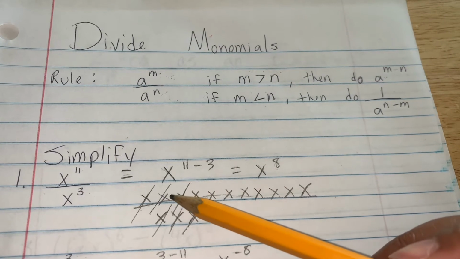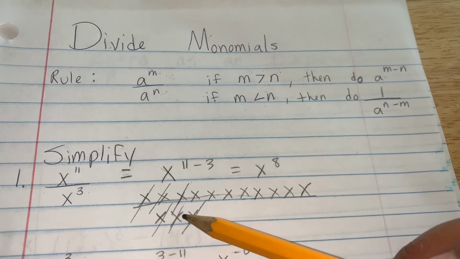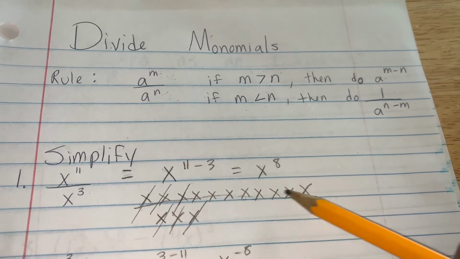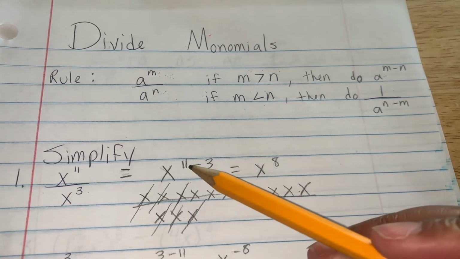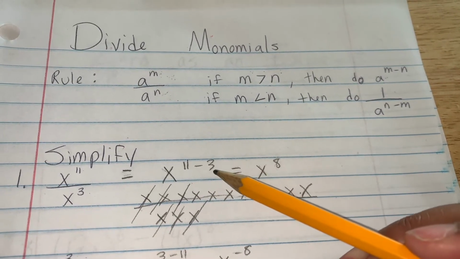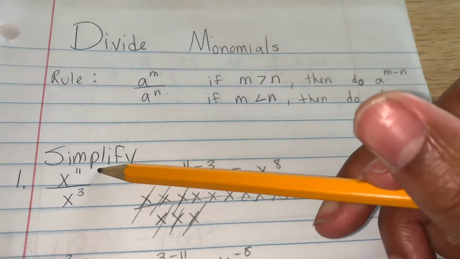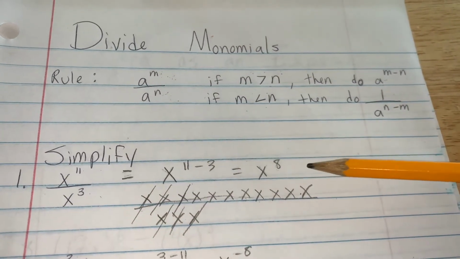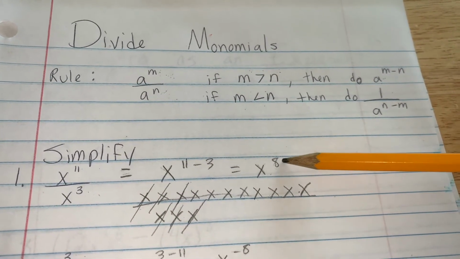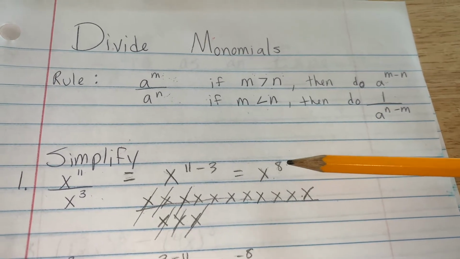So this is saying we're deleting 3 x's and we're left with 8. So that's why you can subtract the exponents here. And in this case, 11 is greater than 3. So our base of x is going to be on the numerator. X to the 8th is our answer.